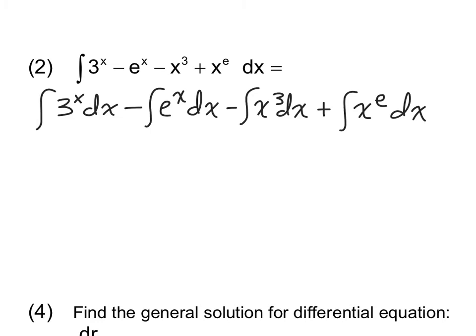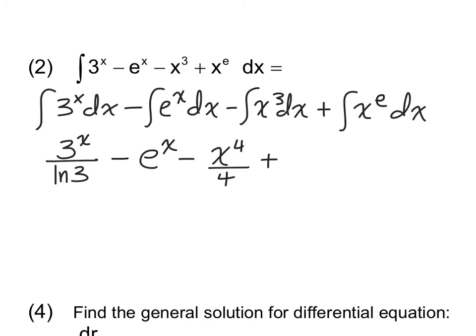So we would have 3 to the x over ln 3 minus e to the x, indeed, plus, now it's got an e in it, so it's obviously a trick question.